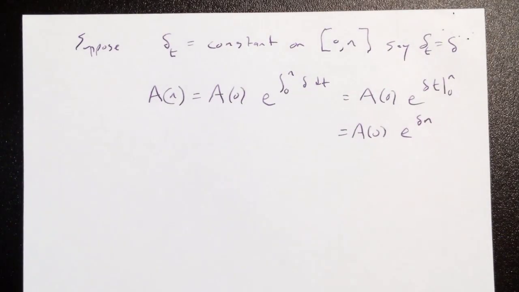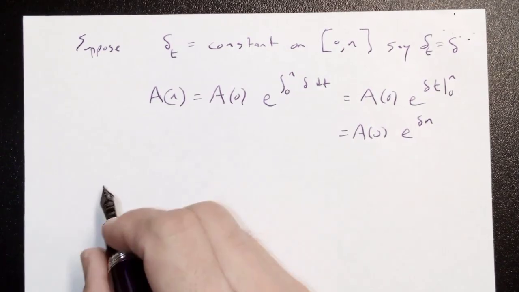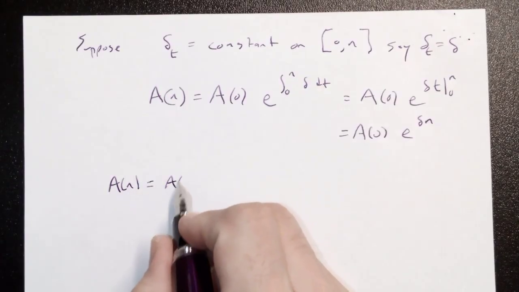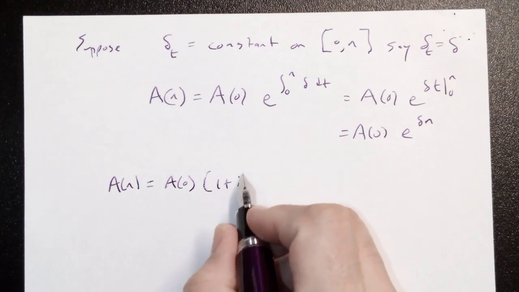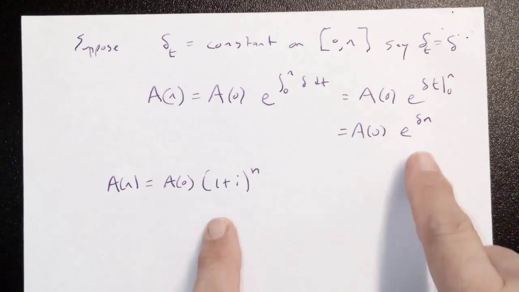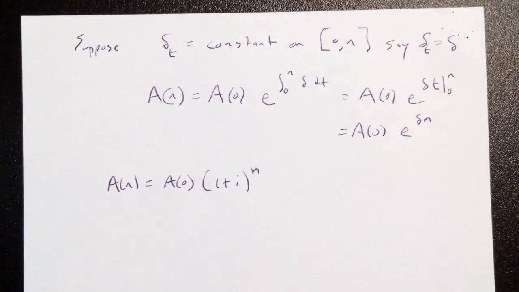Consider our regular compound interest formula. Our regular compound interest formula would say that an is equal to a0 times 1 plus i to the n. So let's make these two equal to each other.